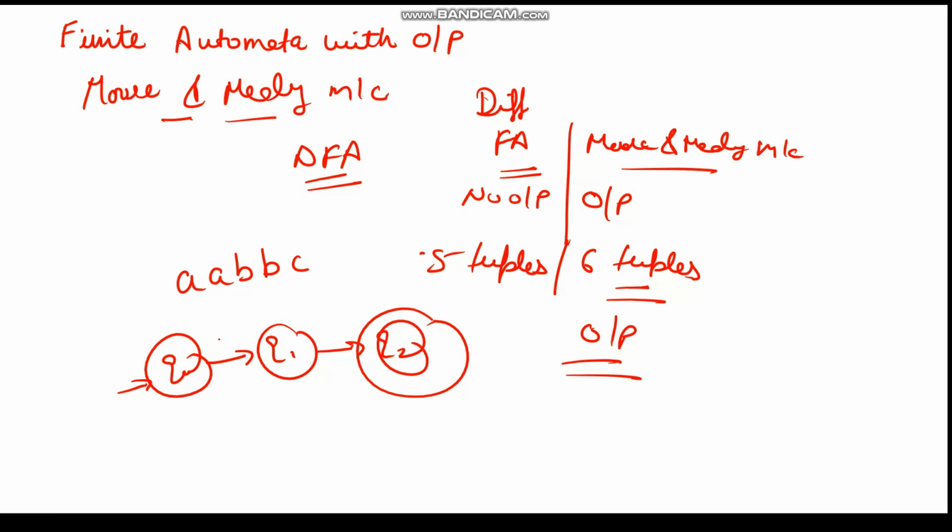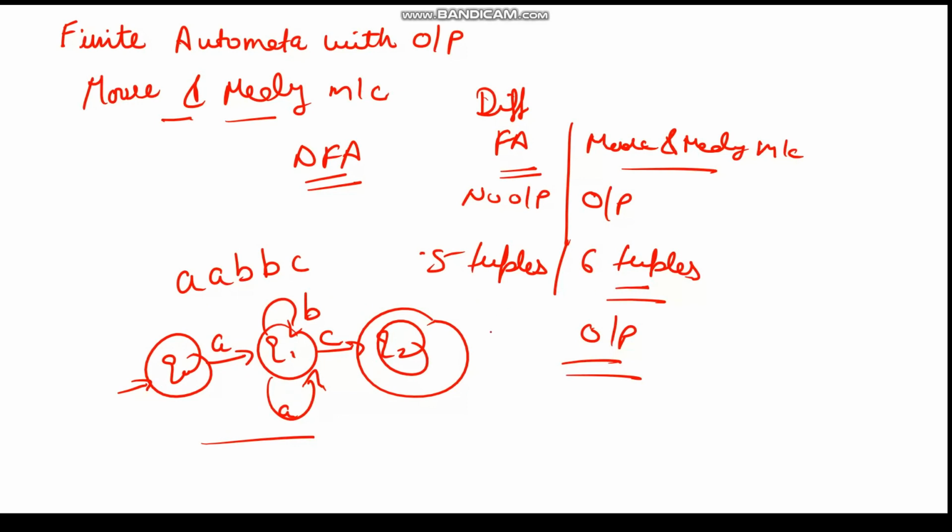Then we check the string A, B, B, C, and this will tell us that the string will be accepted by this finite automata.